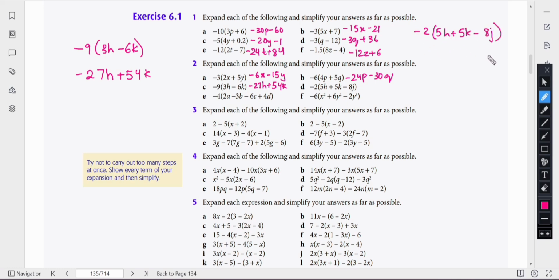Even though numbers ज़्यादा हो गए, but it does not mean the process is going to be different, exactly similar. -2 will be multiplied inside by each of the terms. So make sure to keep the negative sign along with it as well. So -2 into 5 will be -10h minus 10k and plus 16j. That will be the answer for this part.